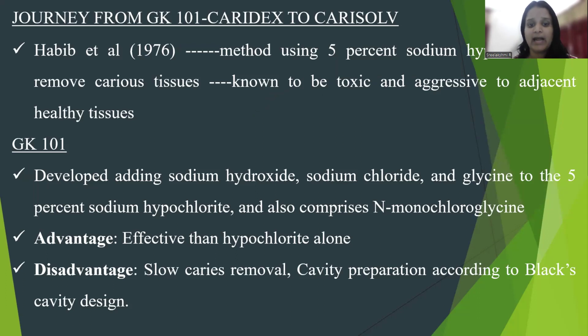It was developed by adding sodium hydroxide, sodium chloride and glycine to the 5% sodium hypochlorite, and it also comprises N-monochloroglycine. This was much more effective than using 5% hypochlorite alone. This mixture was found to be very effective.